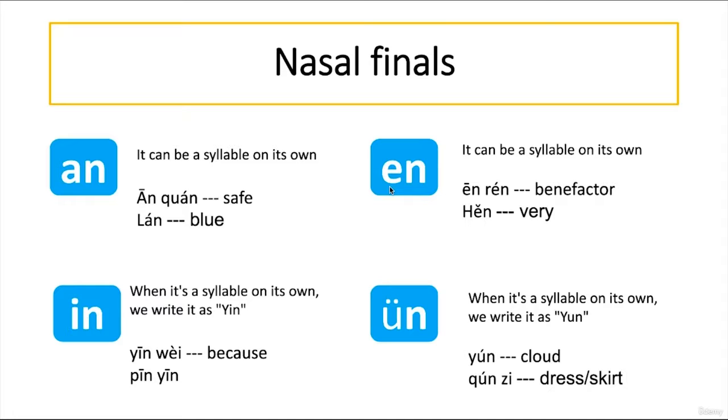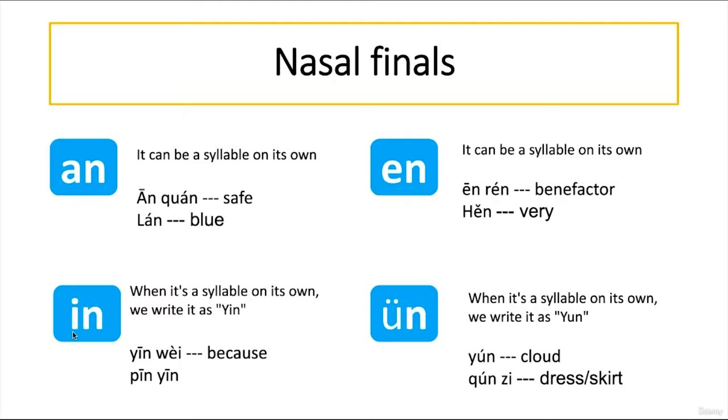Remember the 6 simple finals? This one is e, and when we pronounce it with n we put them together as en. It can be a syllable on its own too. For example, 恩人 means benefactor. 很 means very. Read it after me.